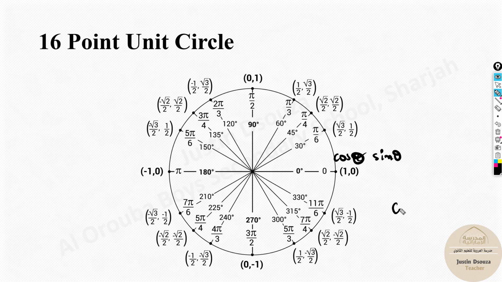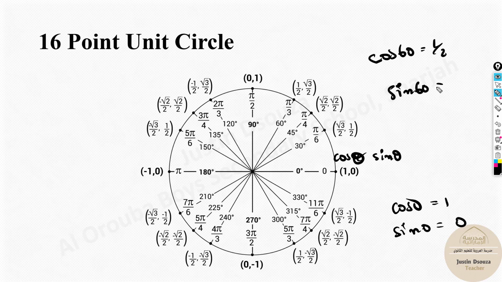If it is, say, cos 0 degrees, the cos value is 1, whereas sine 0 is 0. Now, if you want, say, for example, 60, then cos 60 equals half, whereas sine 60 is equal to root 3 by 2. This is the 16-point unit circle.